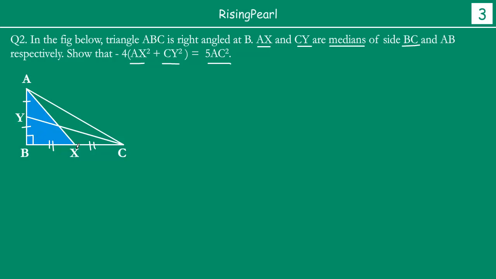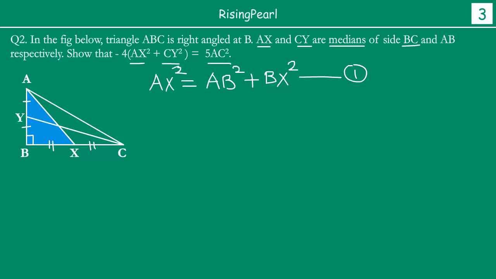So AX is the hypotenuse. So what we can write is AX square is equal to AB square plus BX square. Let us say this is our equation 1.